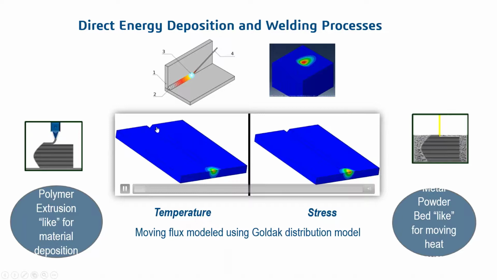Once the thermal history is established, we can use that as a load and introduce it into a stress analysis. The stress analysis will allow us to compute potential distortions to our structure, and also predict the magnitude of the residual stresses that might be in the model after welding.